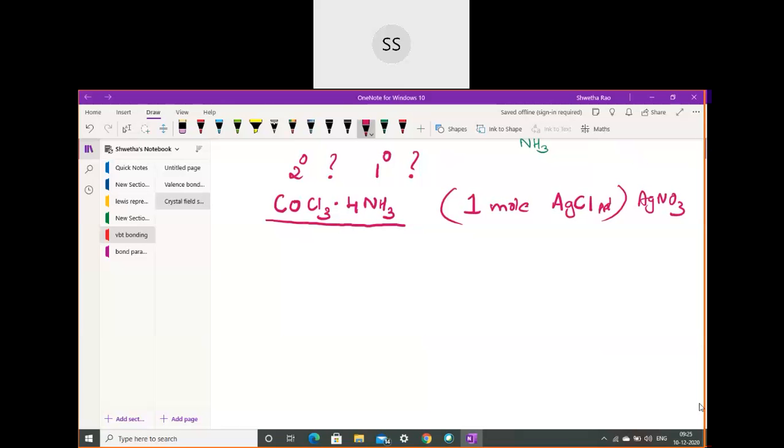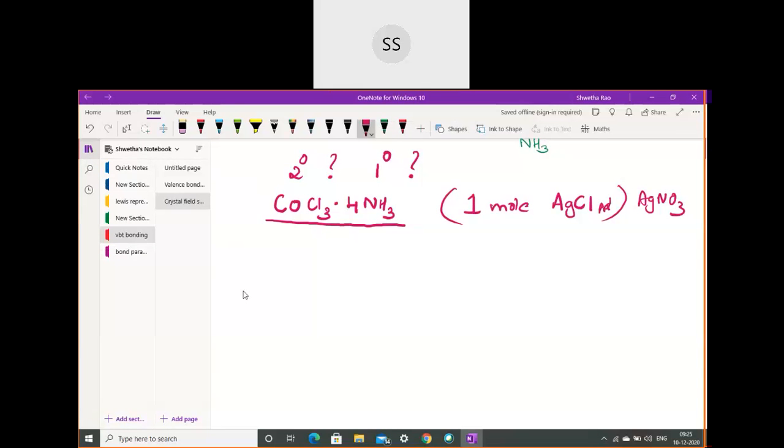What about others? Okay, can you tell me how the complex will be drawn? How will that complex look like? Yes, very good. The answers are correct.